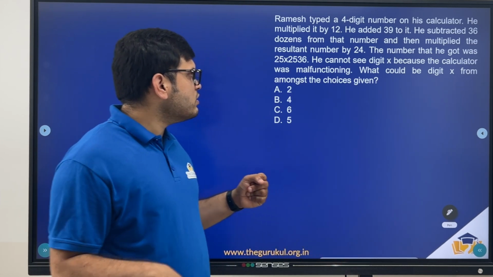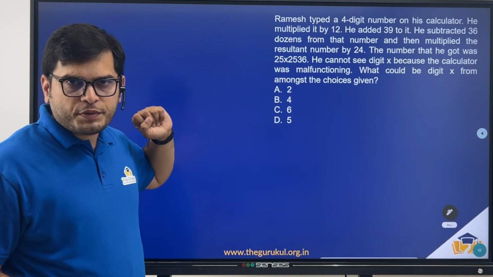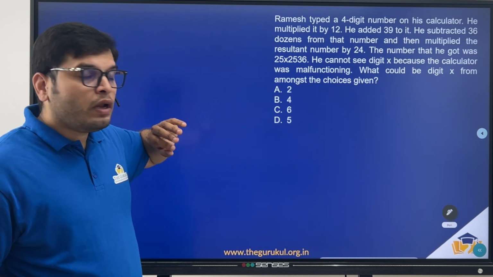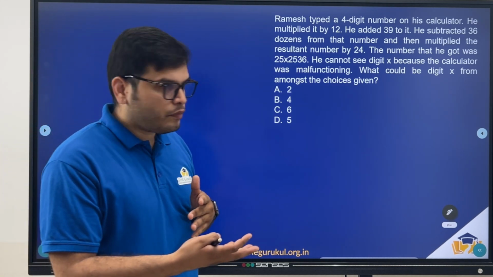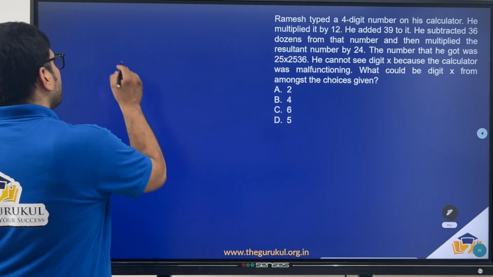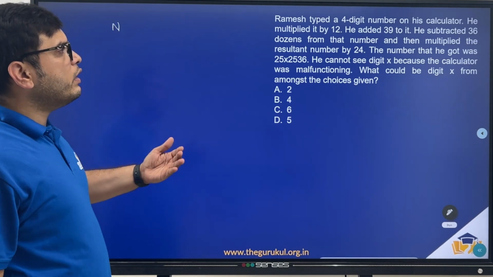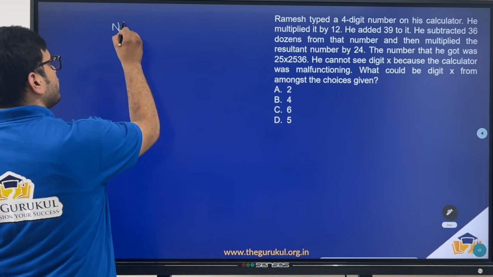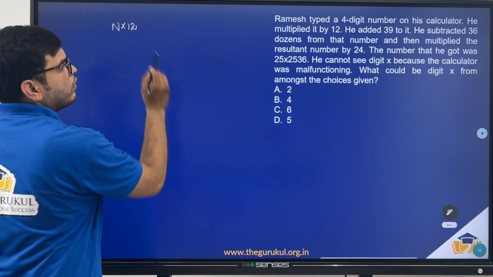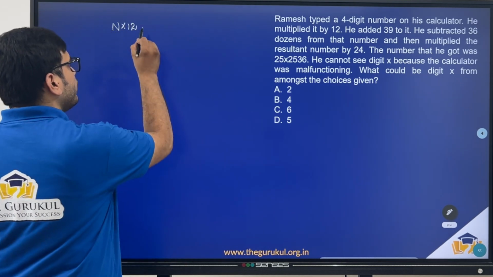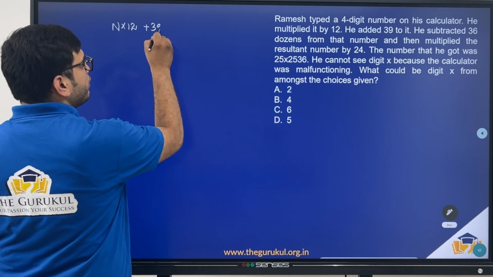Now, one way of answering this question is going through options. Now let's look at the other way. So let the number be n. Now what did Ramesh do with that number? He multiplied it by 12. He then added 39 to it, plus 39.